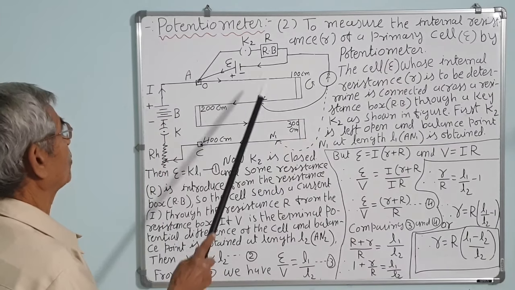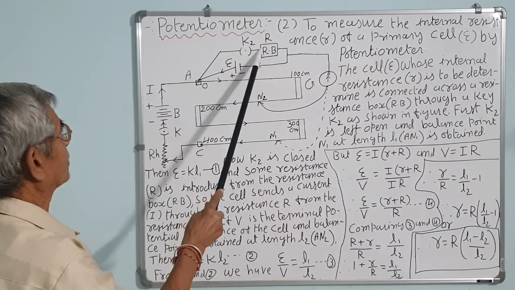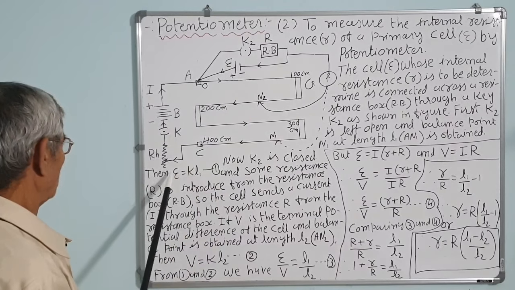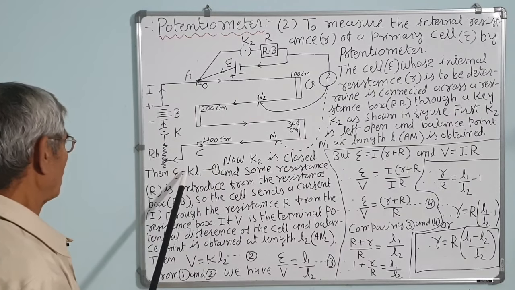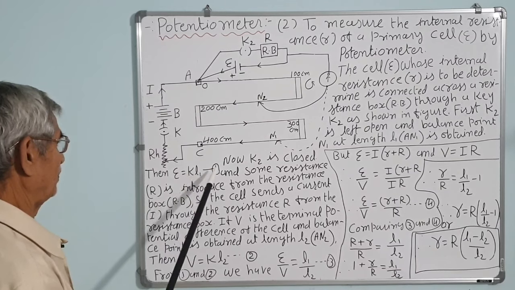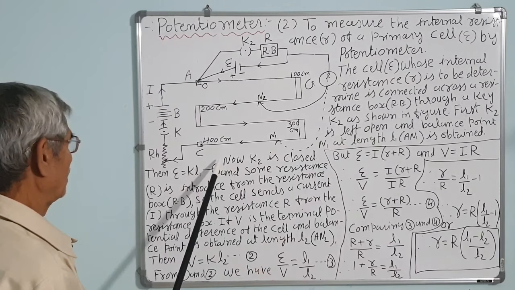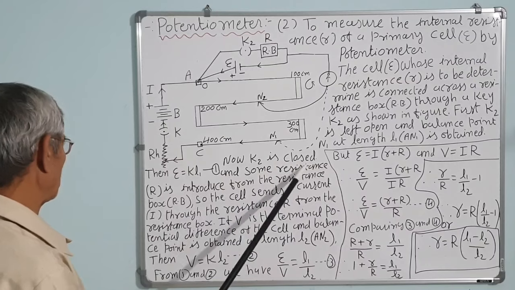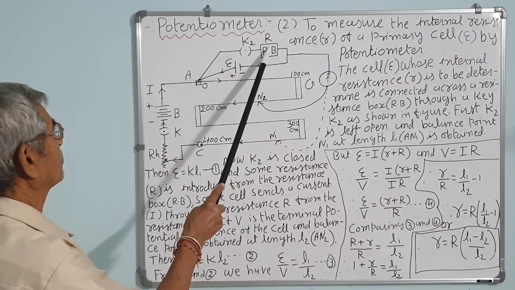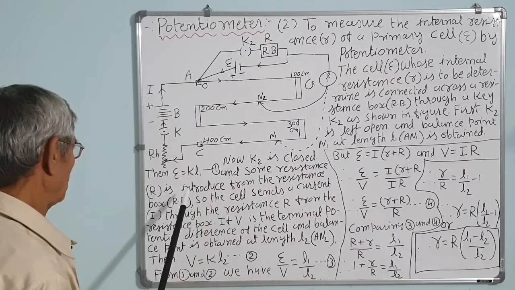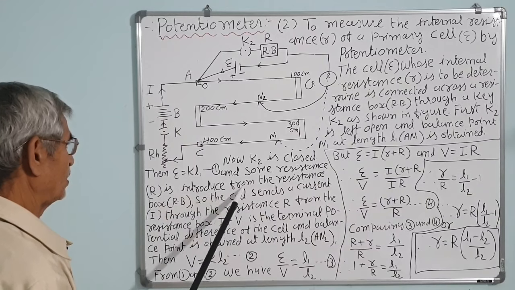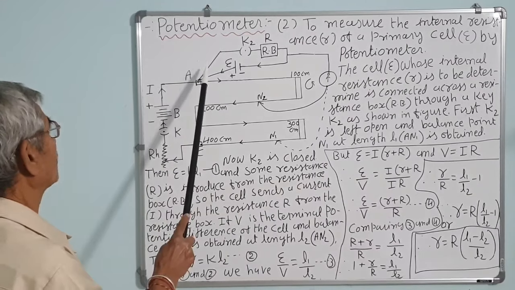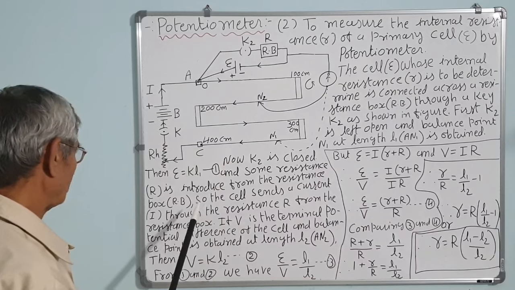Now K2 is closed, so current will pass through the resistance also. Then E is equal to KL1 in the first case. Now K2 is closed and some resistance R is introduced from the resistance box in the circuit, so current will pass through the resistance R also.